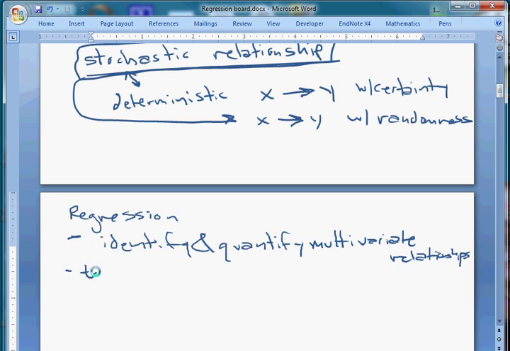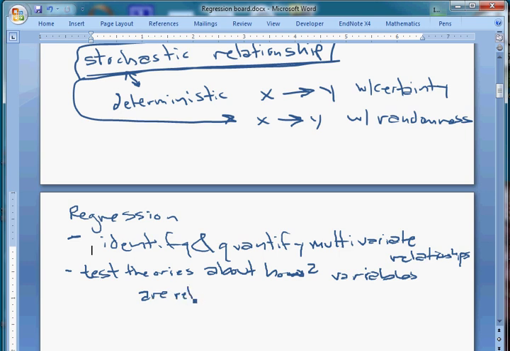Two, we're going to test theories about how two variables are related. Two or more, but about how two variables are related. We might look at how strong a relationship is. So we want to know not only are things related, but how strong is that relationship. And we're going to use something called the coefficient of determination to look at that.